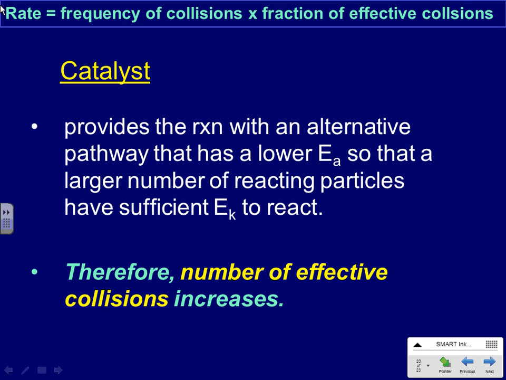It makes it energetically easier for the particles to make it to the successful reaction side. Almost like a cheat. So right away, without having to change the temperature, there's more effective collisions because they can go through the shortcut.